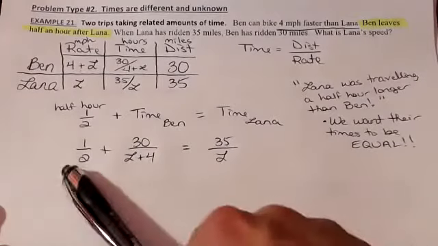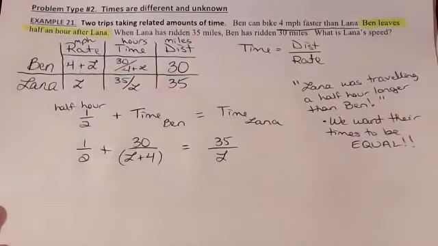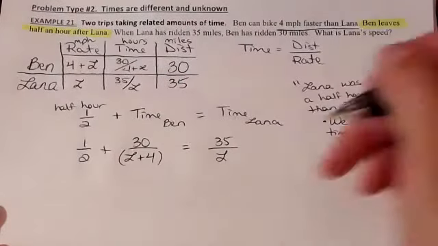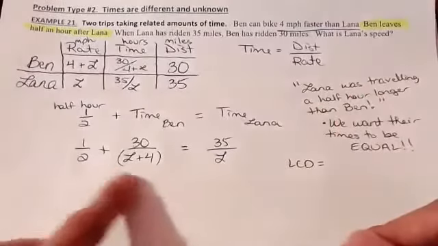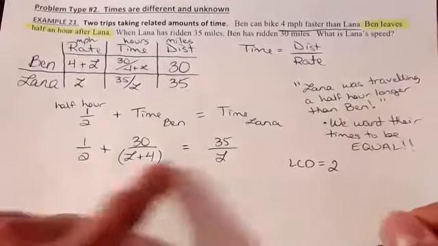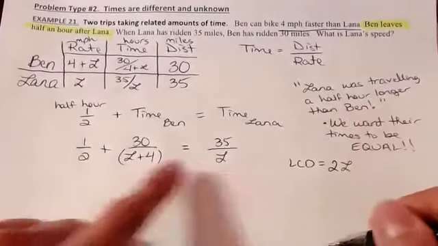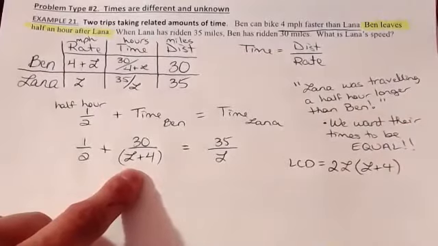Because we have an equation with different denominators, we want to use the LCD to cancel fractions. Our LCD in this case is going to be a combination of all 3 denominators. We have a 2, we have an L, and we have an L plus 4. Remember that L plus 4 is a package deal. You can't just take parts of it away.